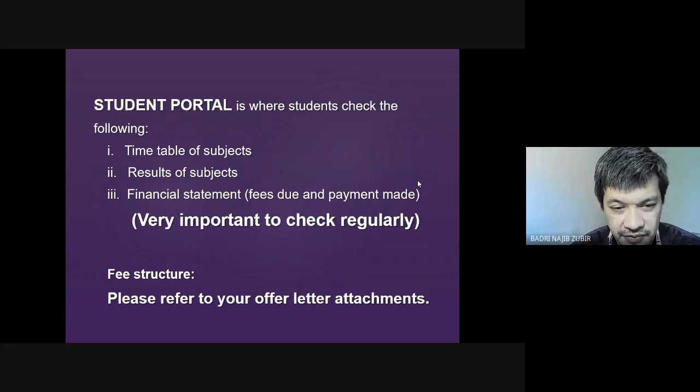At the higher education level, your parents cannot check your student portal. So you have to check how much fee has been paid, how much fee is due, how much fee is overdue, for example, so that you are clear about the payment of fees with regard to your program or your study.